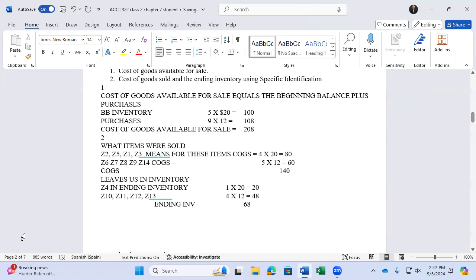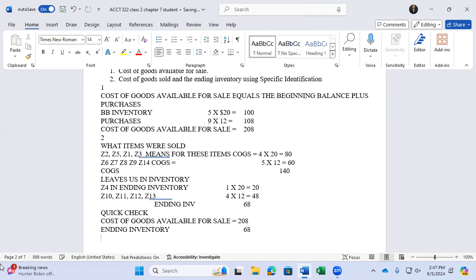Now we want to make sure, quick check. Cost of goods available for sale equals 208. My ending inventory, I said, was 68.